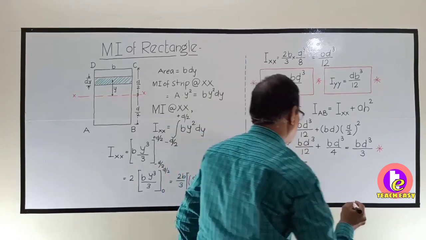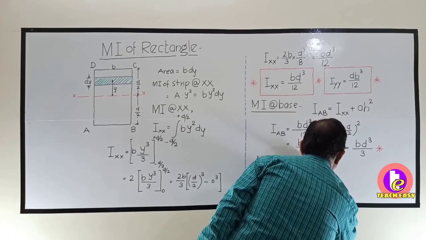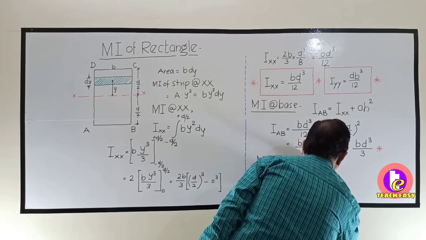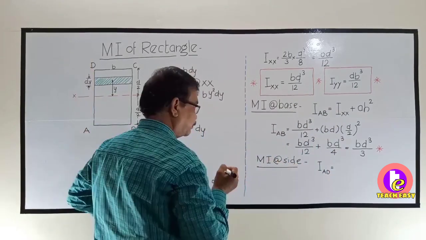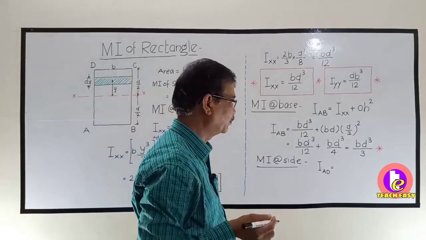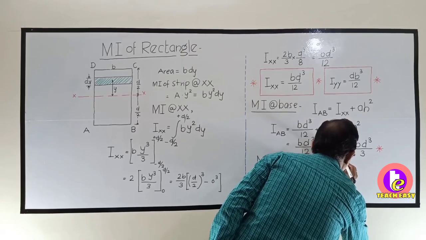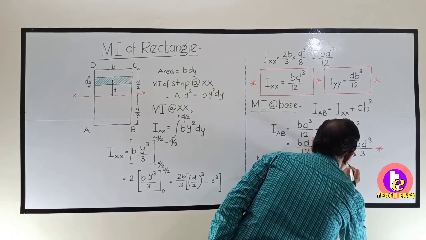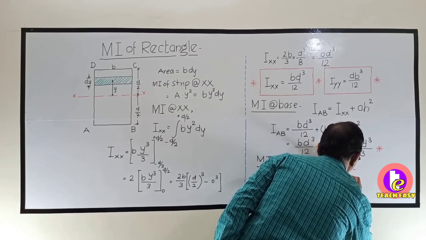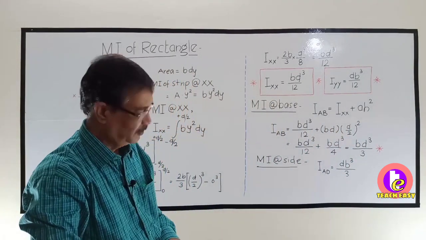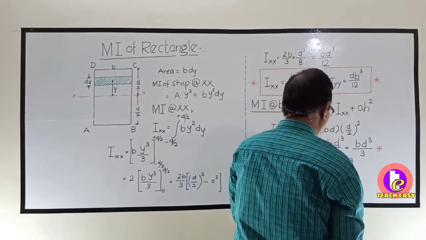It will be equal to, we will denote it by I, yes, AD will be equal to this AD, or BC, it will be same. Instead of BD cube by 3, it will be D into B cube upon 3. So this is also a very standard formula.